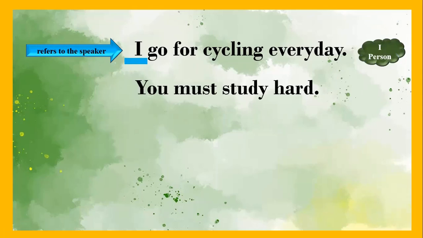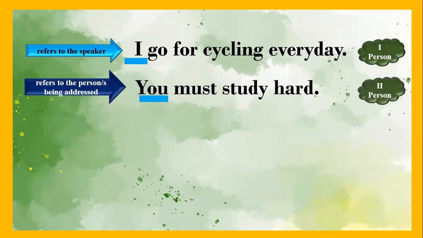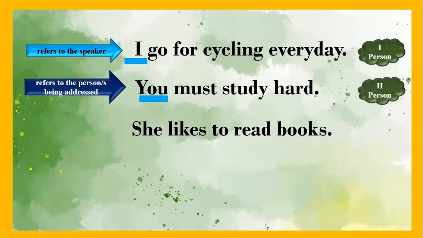Here is another sentence, children. You must study hard. In this sentence, the pronoun you refers to the person being addressed. So it falls under the second person. Coming to the last sentence, she likes to read books. Here the personal pronoun she refers to the person spoken about or talked of.